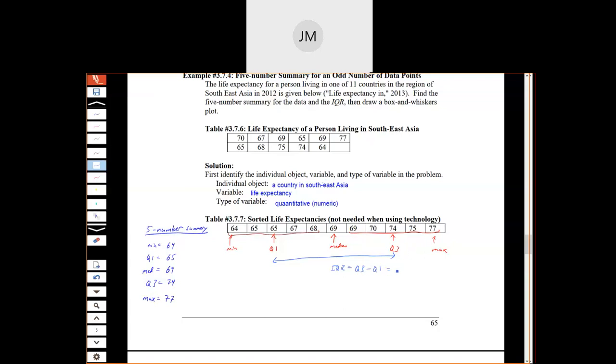So if I take Q3, 74, and Q1, 65, and I subtract them, I get 9. Remember the units here, we're measuring life expectancy in years. Okay. So that's my interquartile range, right? That's the range or that distance that spans the middle half of the data.